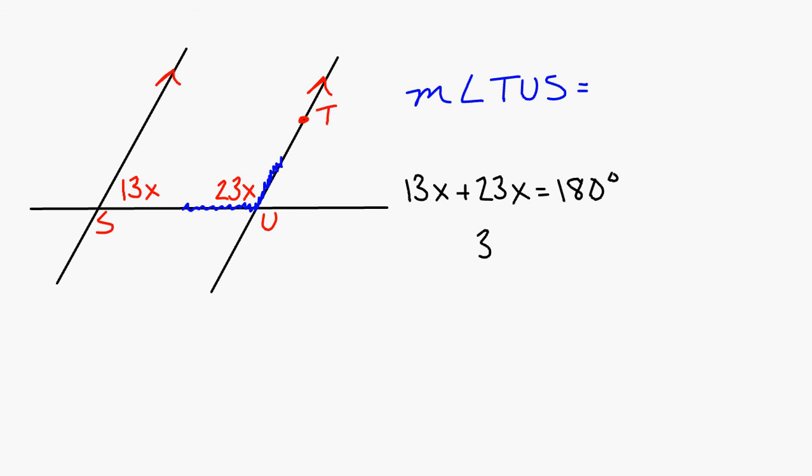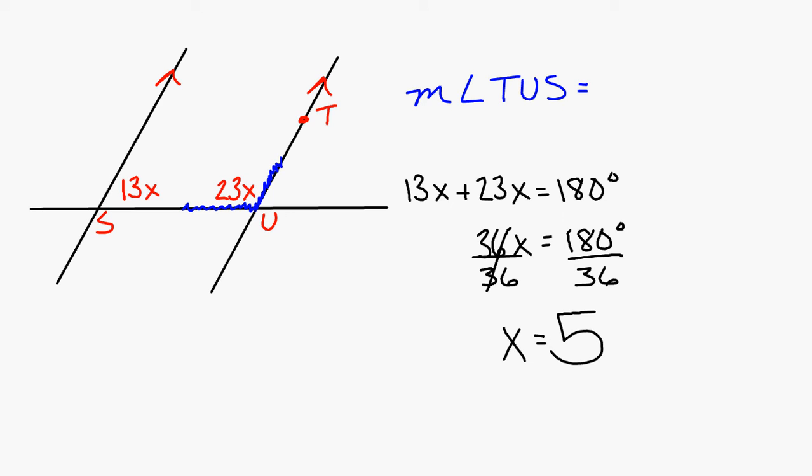So that's 36x equals 180. If you divide each side by 36, these cancel, and x is equal to 5.